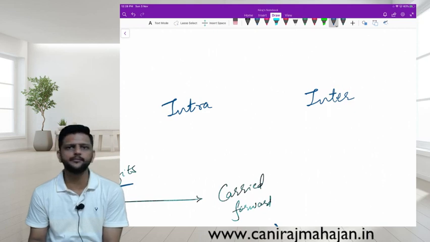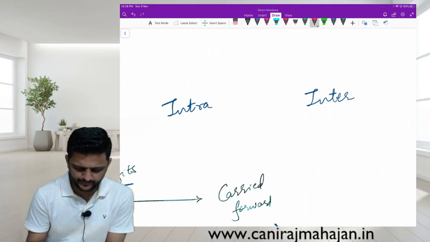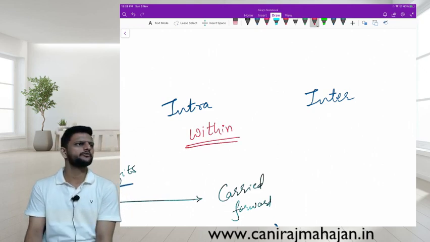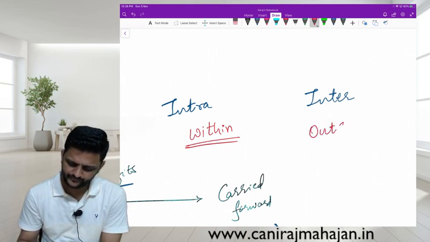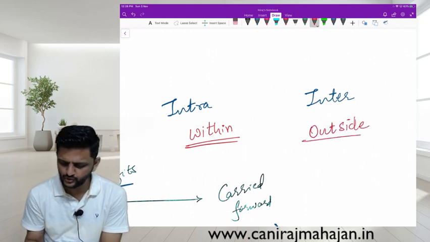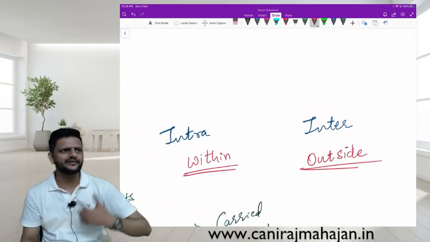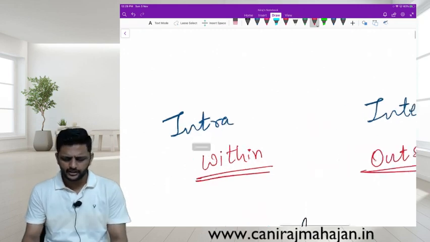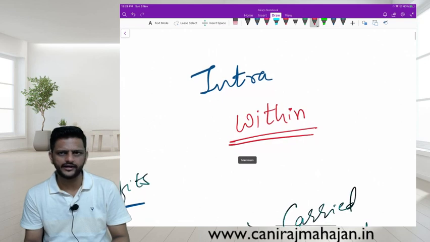Inter school and maybe intra school. Correct. Intra simply means within, and inter means outside. So you may have an inter school or interstate competition. If you are within the same state, within themselves, that is intra.